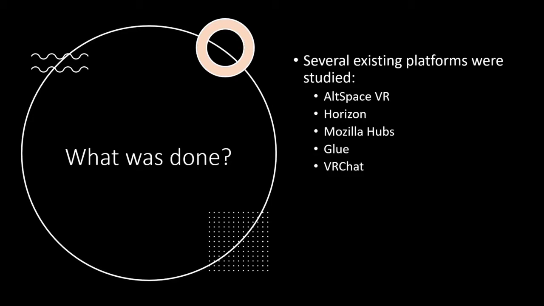Mozilla Hubs was an interesting one since it could be used from any device, even mobile, but it doesn't suit this kind of goal of hosting big events since the amount of users was restricted to a maximum of 20 at a time in one room.